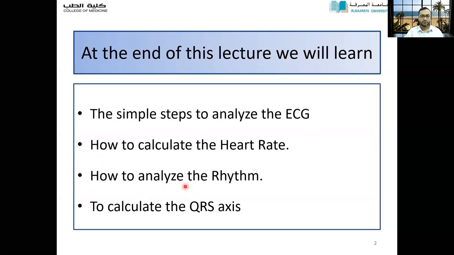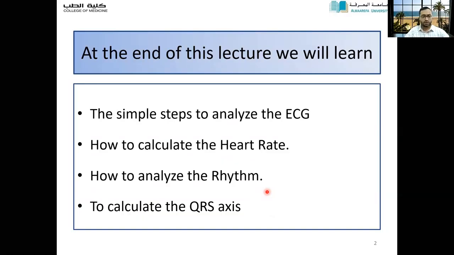By doing that properly, you can even diagnose some of the arrhythmias. And you can calculate the QRS axis. At least this much you can do at the end of this session. But before starting to read the ECG directly, I would like to revise some of the basics.